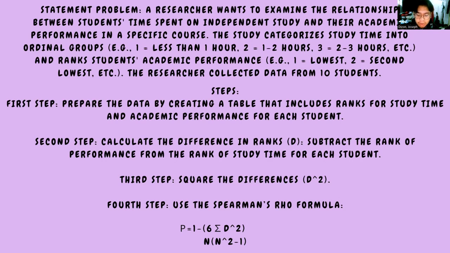Third step, we square the differences. Fourth step, we use the Spearman's rho formula, which can be seen at the bottom. Rho is equal to 1 minus 6 multiplied by the summation of d squared over n multiplied by n squared minus 1.